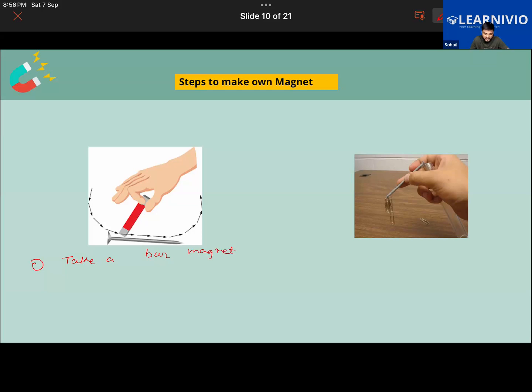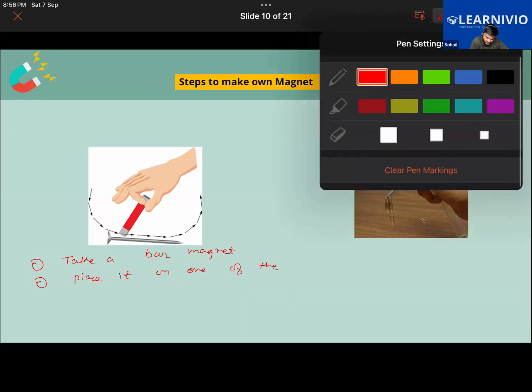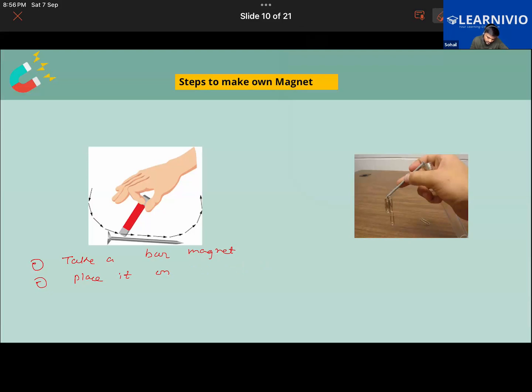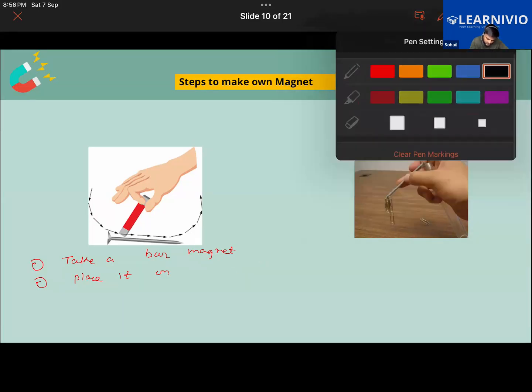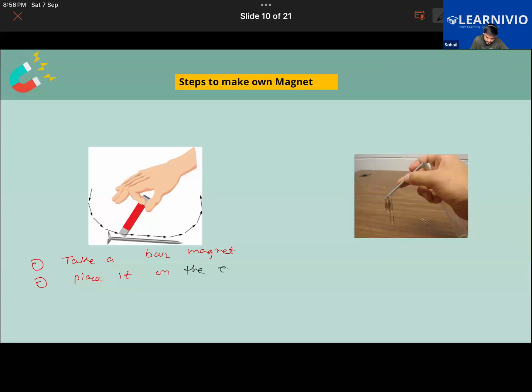Next, you're going to write down that place it on the edge of the iron nail.